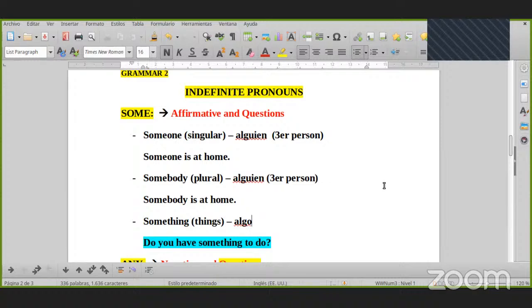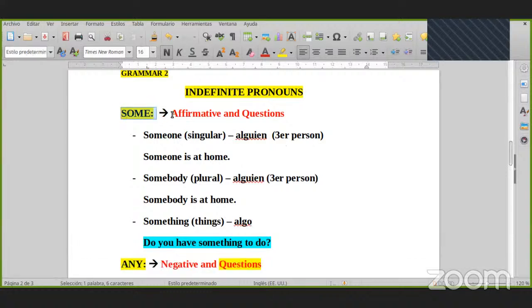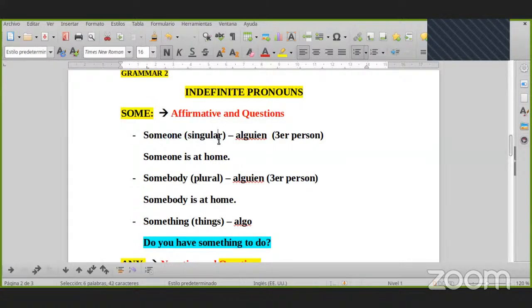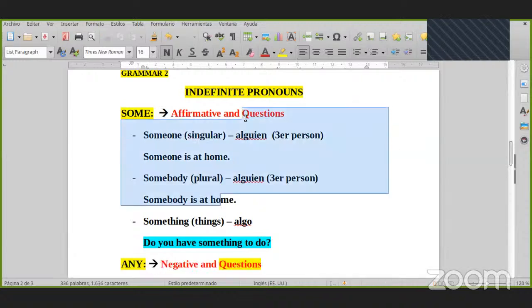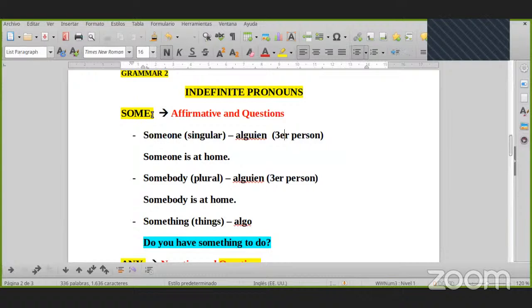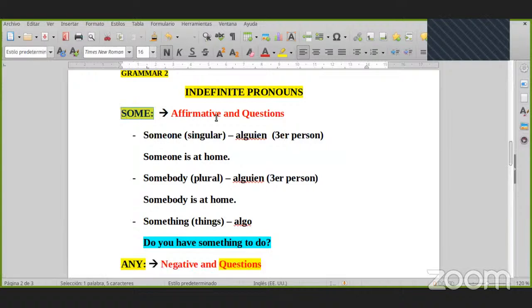The first thing that we have to know about some is that we use some with affirmative sentences and questions. We don't use some with negatives. Never with negative sentences. Just with affirmatives and questions.